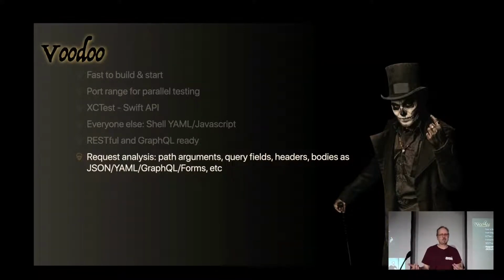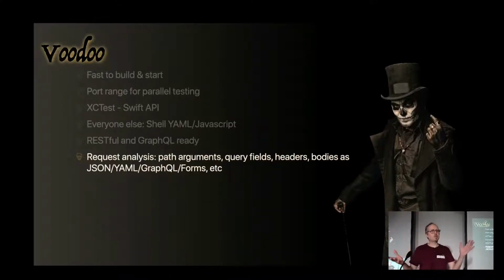The request analysis part that I talked about earlier, there's a whole bunch of things that you can look at in a request that's coming in. For example, in a RESTful path where you have a lot of stuff with slashes and different components of the path, you can tag parts of that and say, grab that piece out of the path and stick it in a variable. It will give you back a dictionary of all those things that you've pulled out of that path.